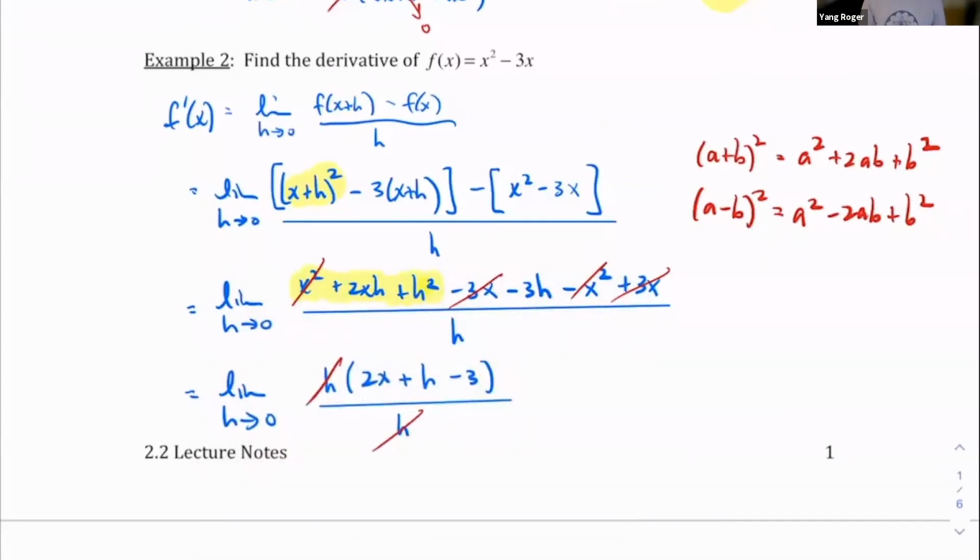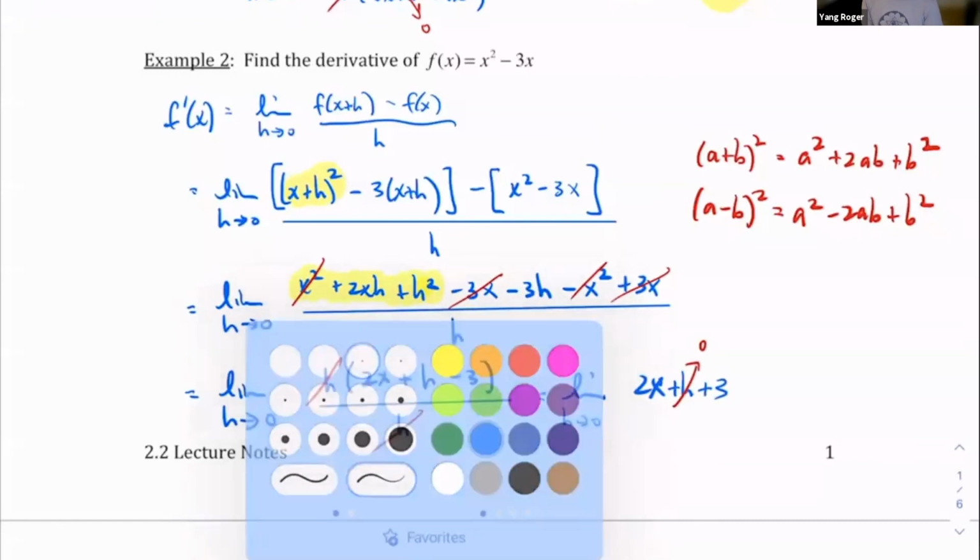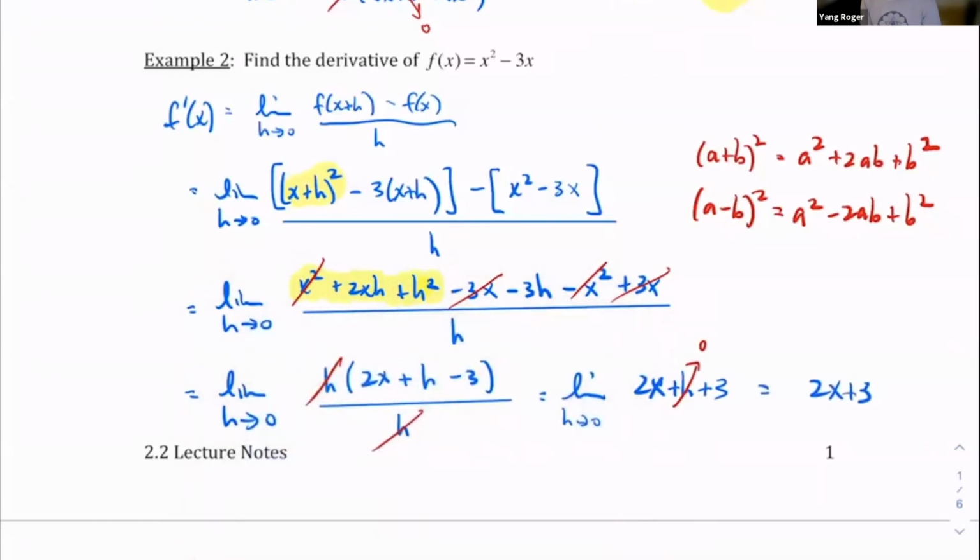So we've seen this happen over and over today. So this becomes the limit as h goes to 0 of 2x plus h minus 3. As h goes to 0, this second term gets killed off, and we just end up with 2x minus 3. So our f prime of x is equal to 2x minus 3.